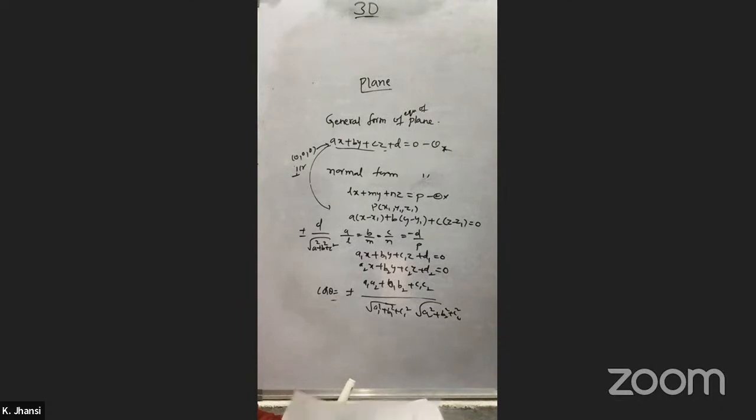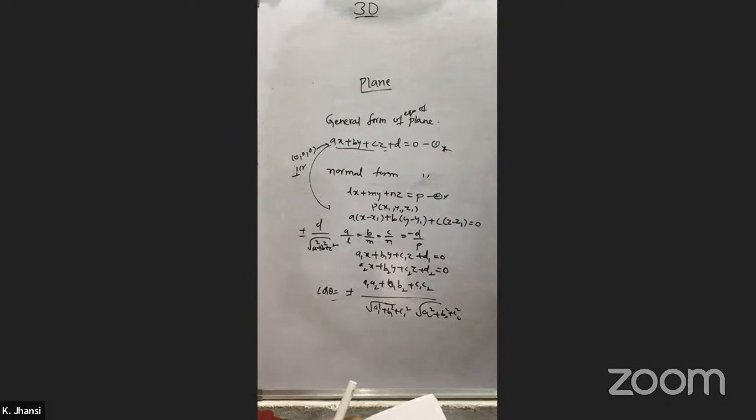After this, on page number 54, you have one corollary: the length of the perpendicular from the point to the plane. The formula is there. This is the important one, and it will be useful for solving the problems. For this formula, you have the example on page number 55, the length of the perpendicular from the point to the plane.